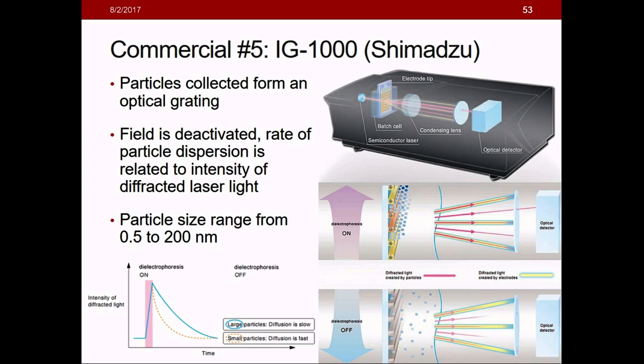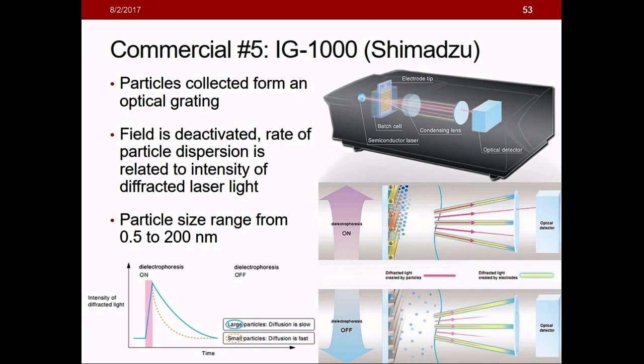Another application is used to size particles. You have dielectrophoresis that will, similar to the previous device, concentrate particles. And then a laser comes through, and for these small particles, you will diffract light. Your optical detector will monitor the intensity of diffracted light.